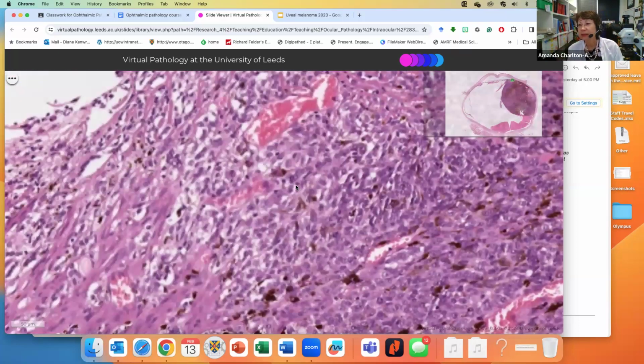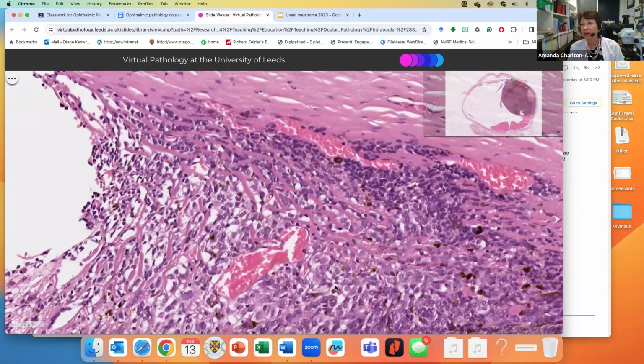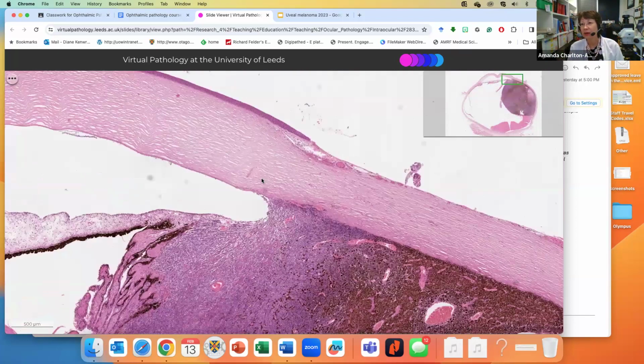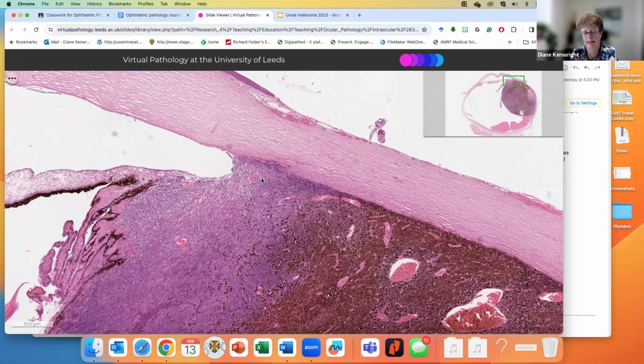More questions? Any role for SOX10, HMB45 in these cases when it's obviously a melanoma? Melvin's asking, would you stain it for anything? Because I know it's a melanoma, I don't need to show that it's a melanoma because it's producing pigment.